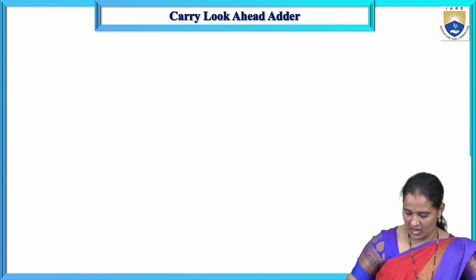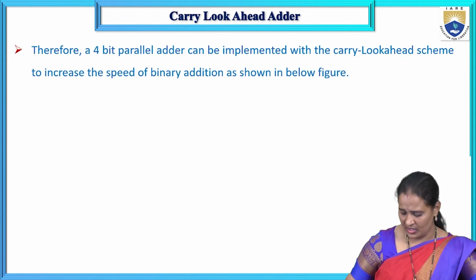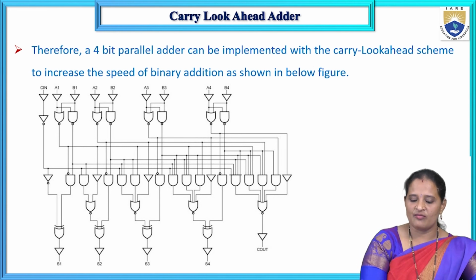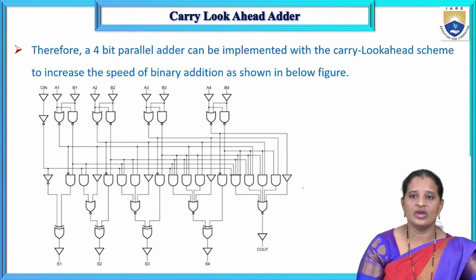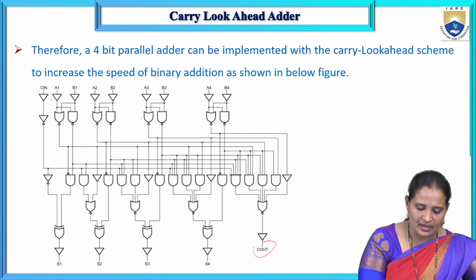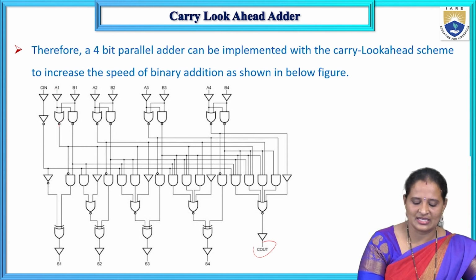Okay, so now a 4-bit parallel adder can be implemented with a carry look ahead scheme to increase the speed of the binary addition, as shown in the figure. So this is the 4-bit parallel adder with carry look ahead generator. Here this is the C out. Here if you see, this is carry, A1 B1, and this is NOR gate and NAND gate.